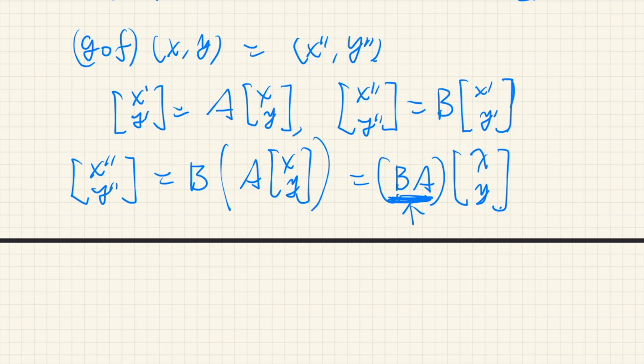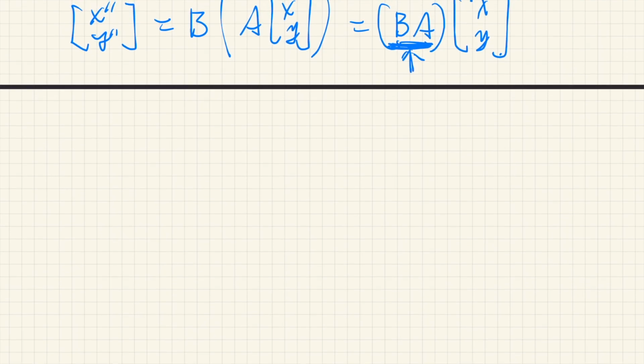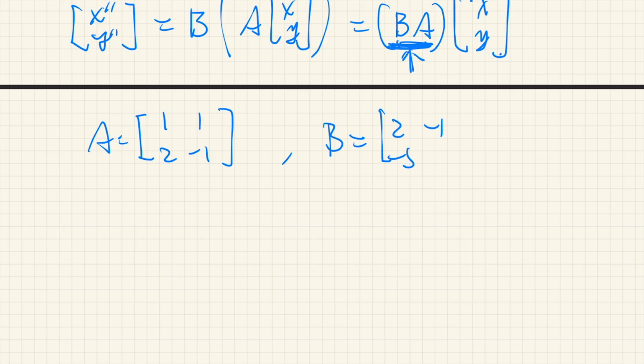So what this product looks like is the following. Let's see an example. Let's say we have two maps represented by these matrices. A is [1, 1; 2, minus 1], and B is [2, minus 1; minus 5, 3].